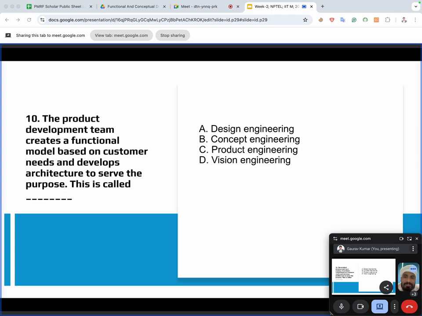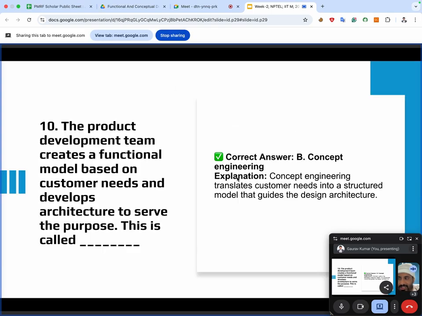The result is a functional model or architecture, a visual technical representation of the proposed product. Concept engineering ensures the customer needs are translated into system features. So B is the right answer. Moving to the next question.